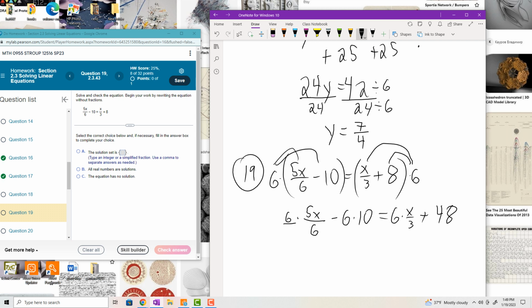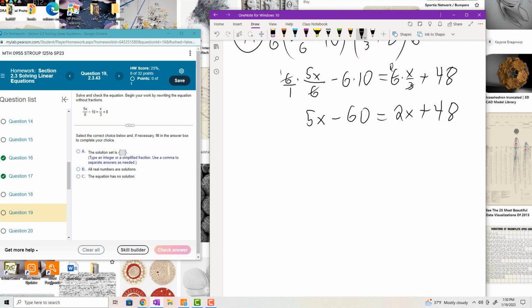Okay. So on the left, I'll have 6 over 1. So the 6 over 6 is just 1, and then 1 times 5 will give you the 5x. 6 times 10 is 60. On the right, 3 goes in the 6 2 times, so you'll have 2 times x, and then plus 48.